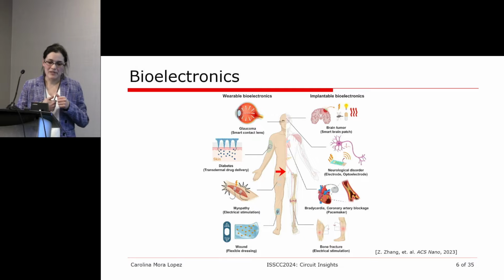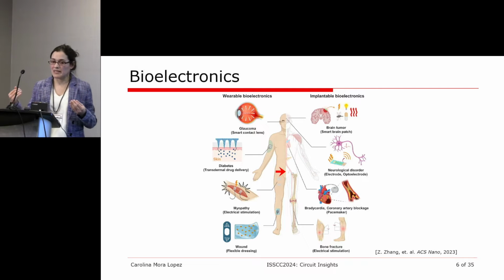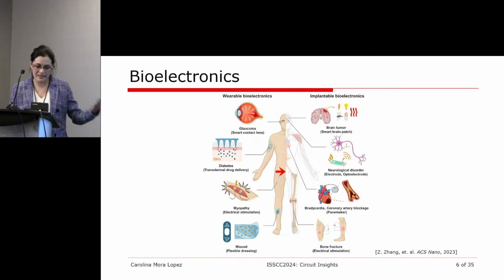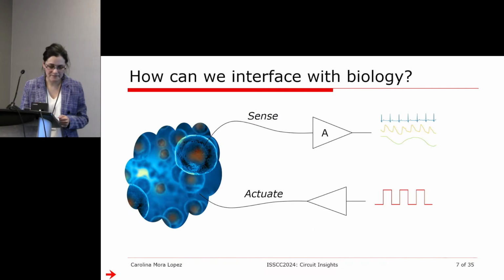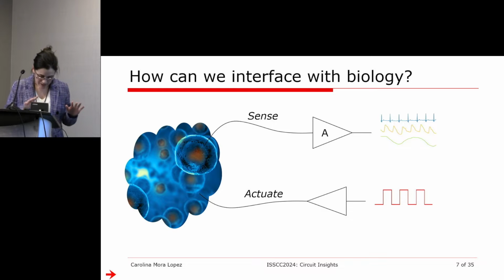This can be done, for example, to reduce a patient's pain, to manage disease, or, going to an extreme, to help a patient control a mechanical device just with their mind. So there are many applications and many types of devices that have been evolving and being invented as we speak. So let's go a little bit to the basics.